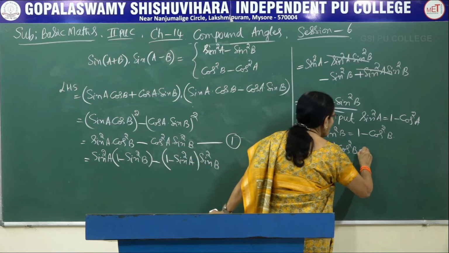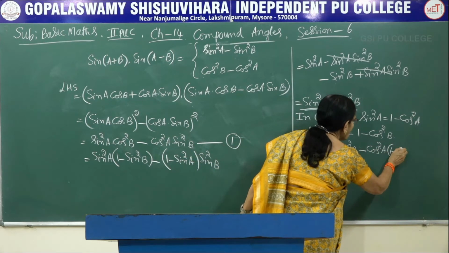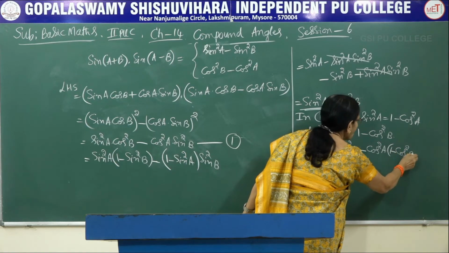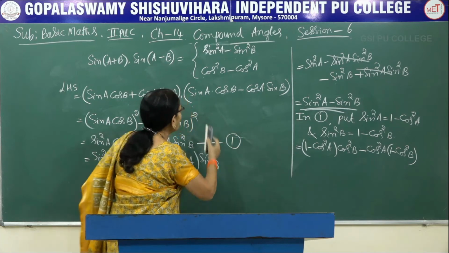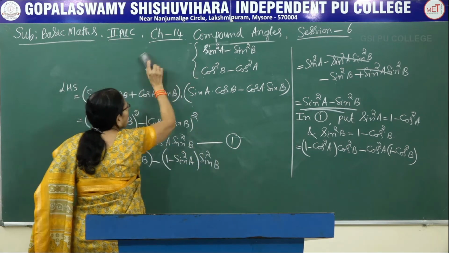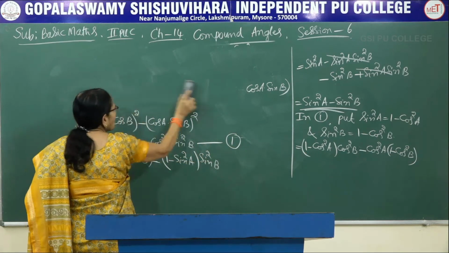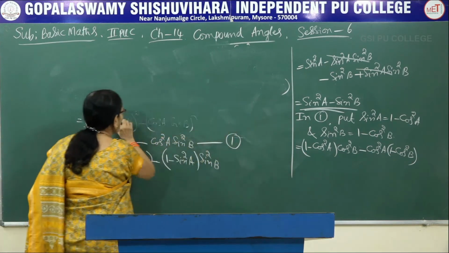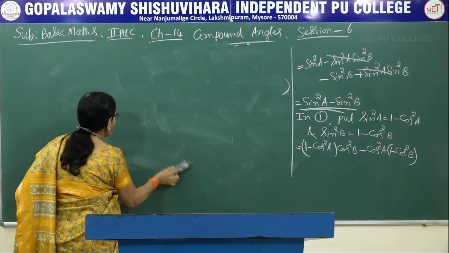Similarly, minus, write cos square a as it is, the other one 1 minus cos square b. So, that's why I have given a number there. So, in one, replace or put, both mean the same thing, sine square b as 1 minus cos square b and sine square a as 1 minus cos square a.